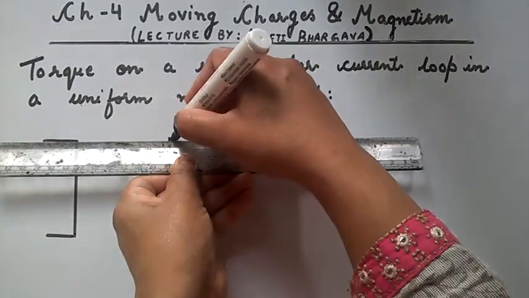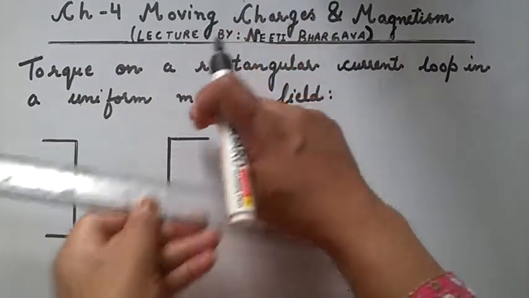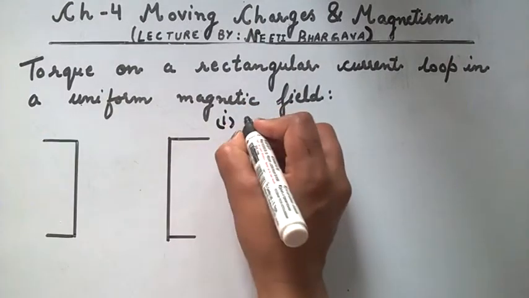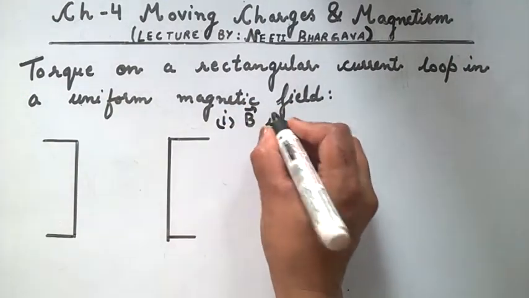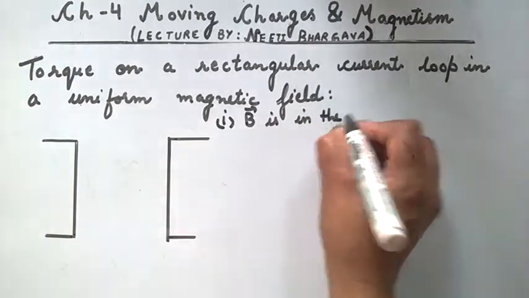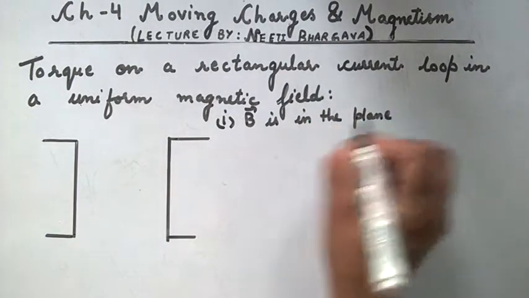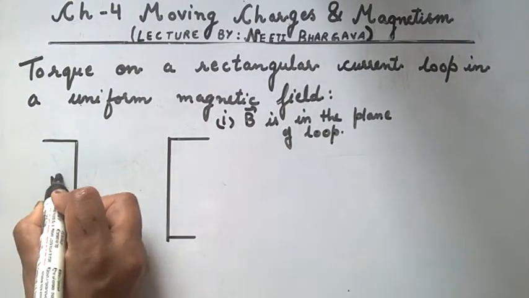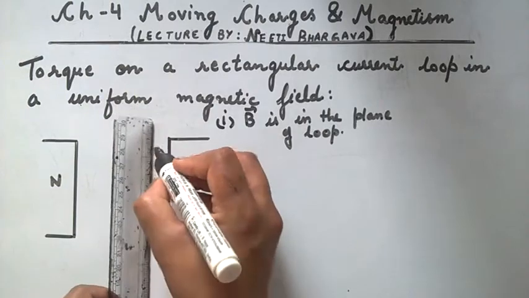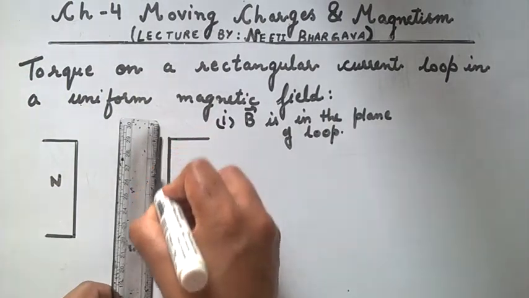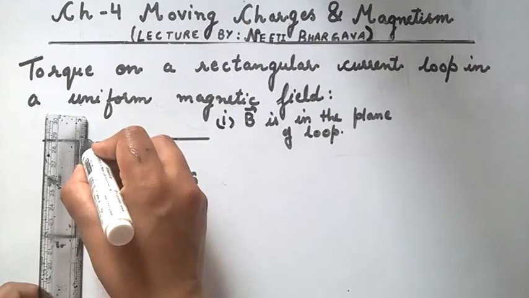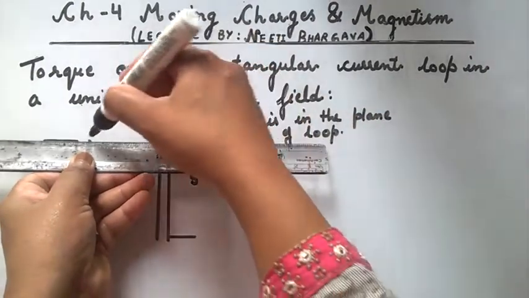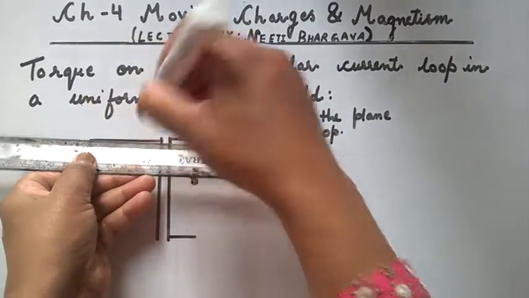And let's study first case in which the magnetic field is in the plane of the loop. In between these two poles, a rectangular conducting coil is placed, and this magnetic field is in the plane of this rectangular conducting loop.